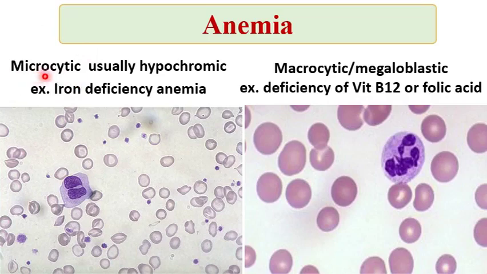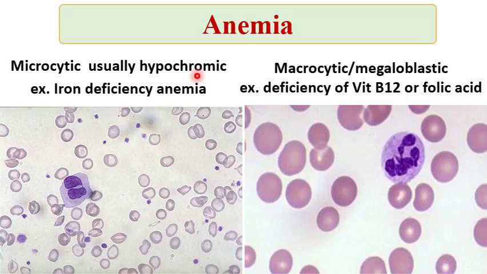Microcytic means the RBC size is less than normal, less than 6 micrometers. The microcytic is usually hypochromic. What is the meaning of hypochromic? Hypochromic means the hemoglobin content of the RBCs is less than normal, less than 14 milligrams.